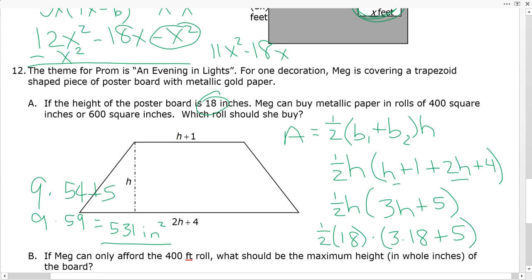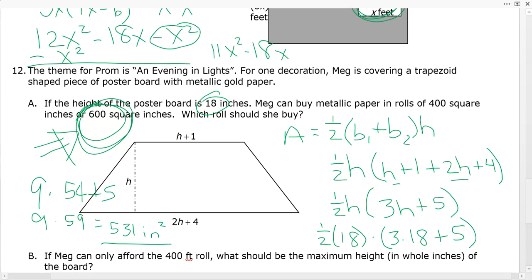So she needs to buy the 600 square inch roll to cover her thing. Okay, that wasn't so bad.